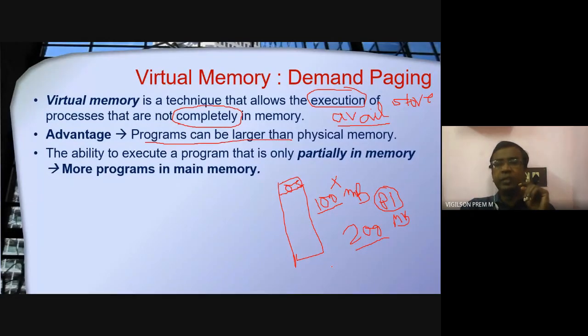But using virtual memory management, even if it is 200 or 400 or 1000, I am able to start. If I divide 200 into 20 partitions, each partition will have 10 MB. Now 100 MB of main memory is available, so I can store one or two, the first part and second part of P1, and start execution.